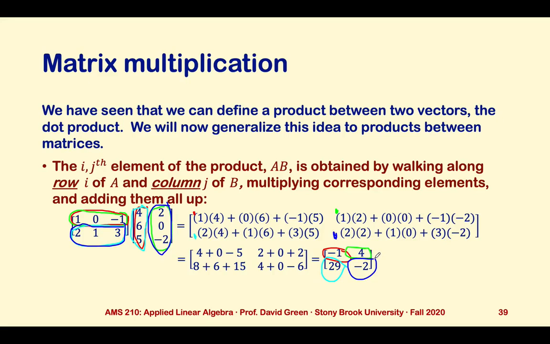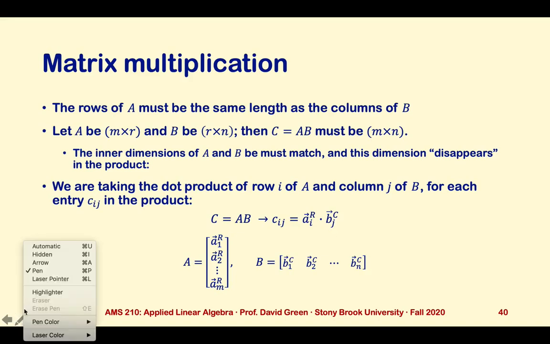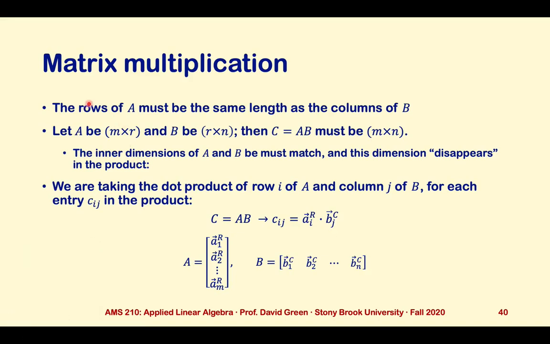We take a row of the first matrix and multiply it with a column of the second matrix. We do that for all possible rows of the first and all possible columns of the second. Clearly, in order for this to work, the number of elements in the rows of A and the columns of B have to be the same.